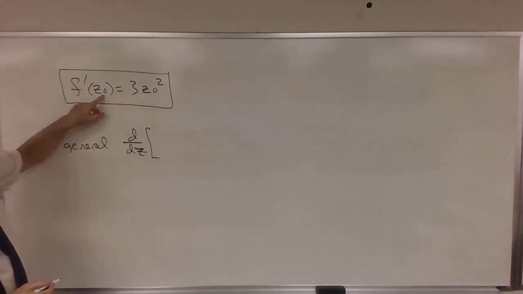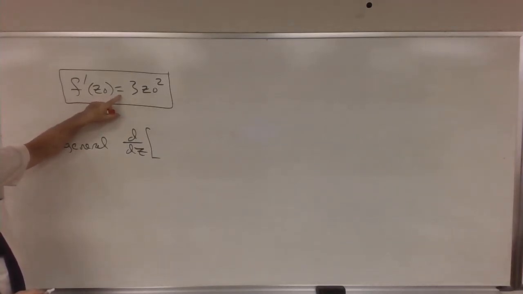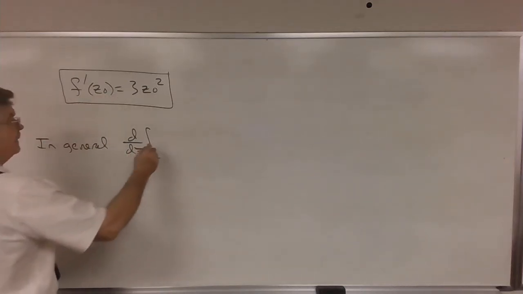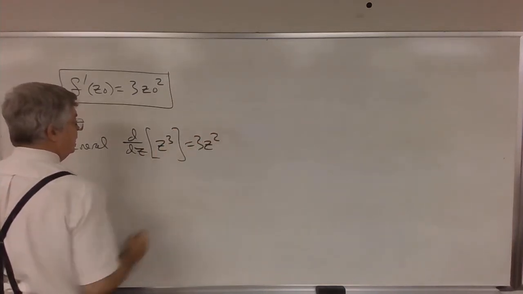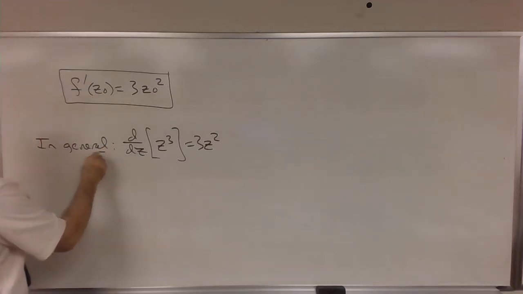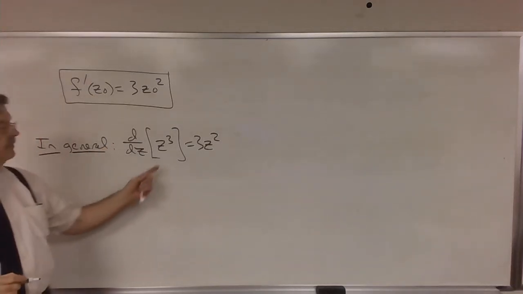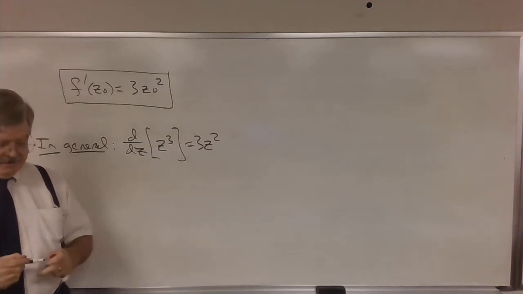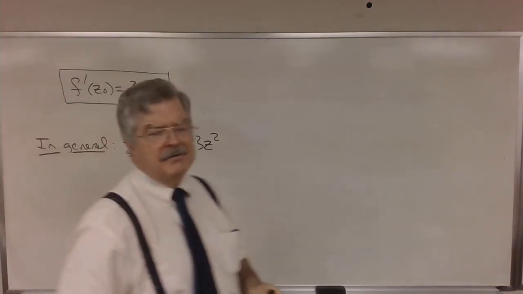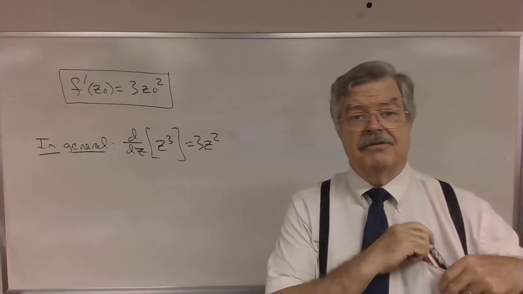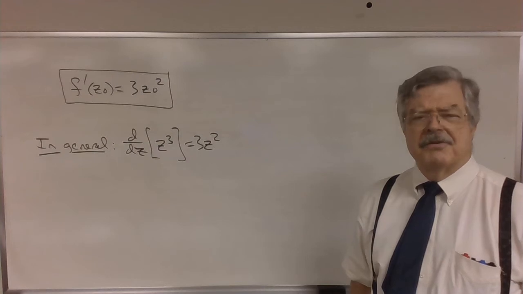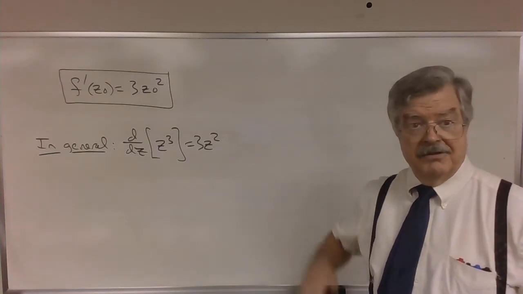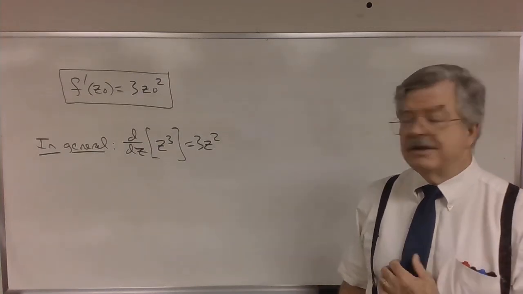Z naught can be any value of z. So apparently what we proved was that this holds true for all values of z. So in general, the derivative of z cubed is 3z squared, which doesn't surprise us, but it's kind of reassuring because essentially it's telling us that for the most part, the derivatives that we know from calculus carry over into real analysis.